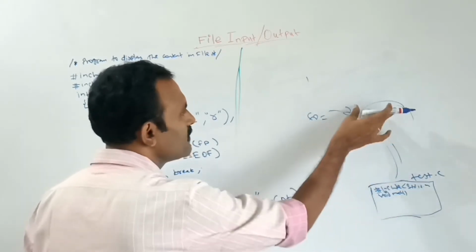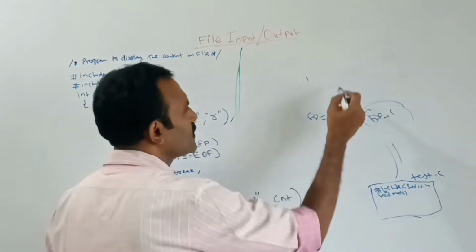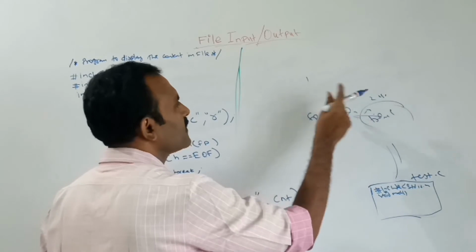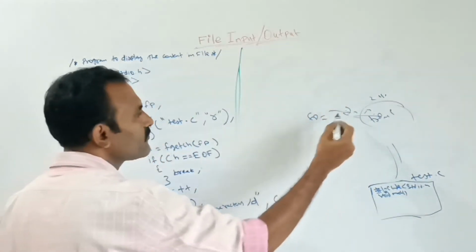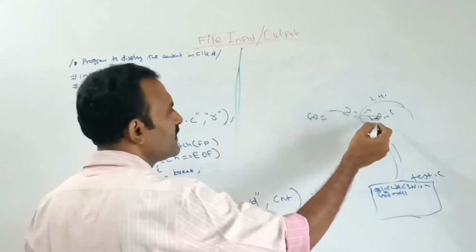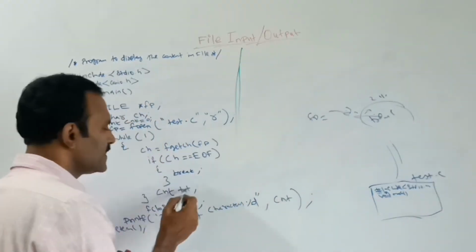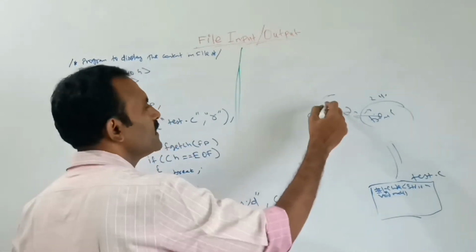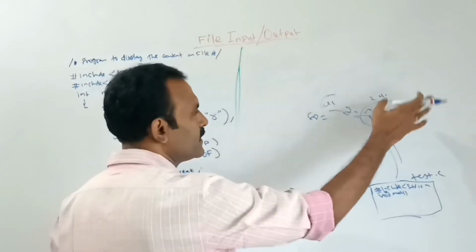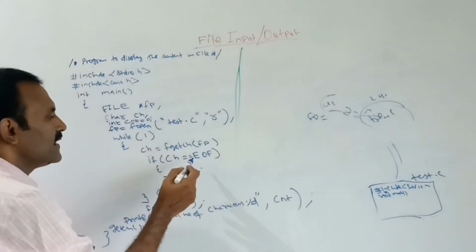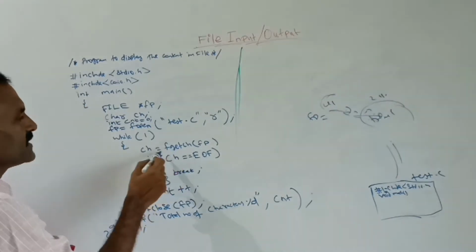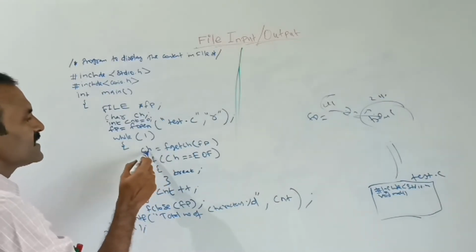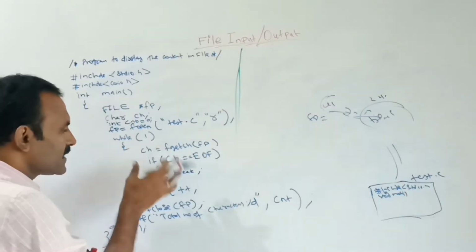This same copy is here also, totally 24 letters. Each time we read a character, the cnt variable counts one by one. After the 24th letter, it will see there is no content, so EOF will be returned by the function fgets. When ch value is EOF, at that time it will break.